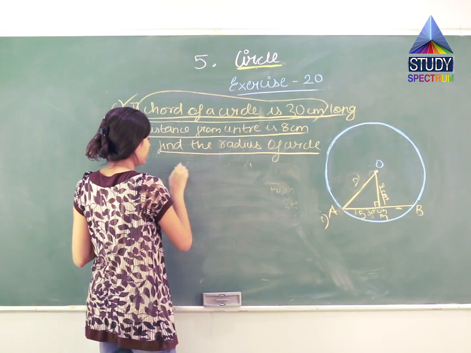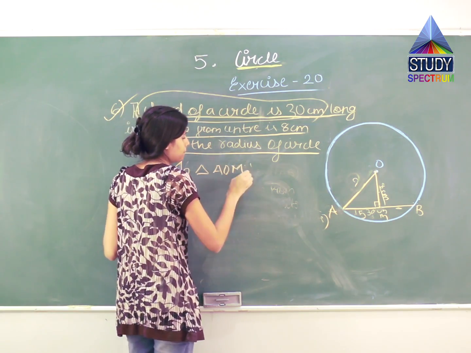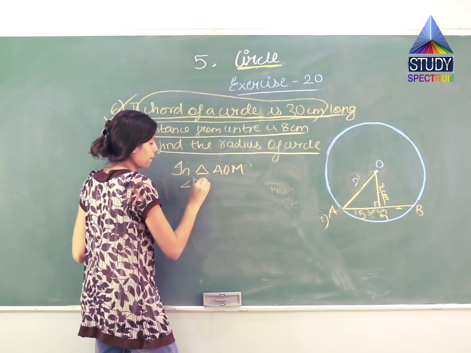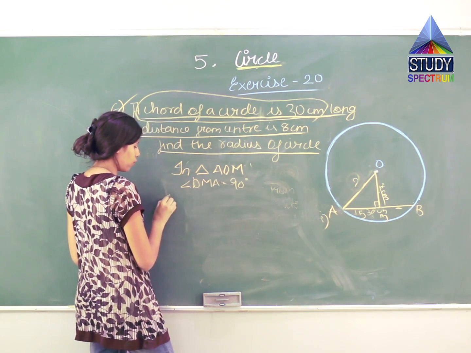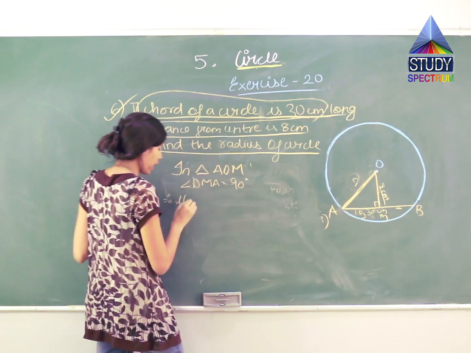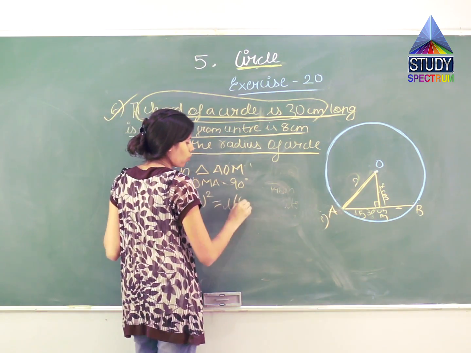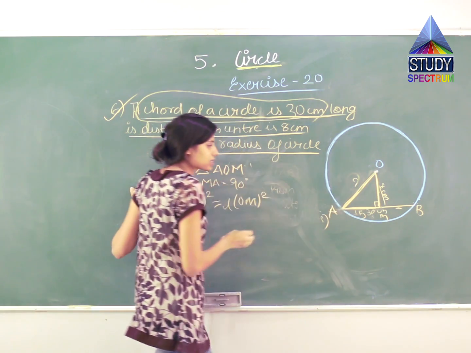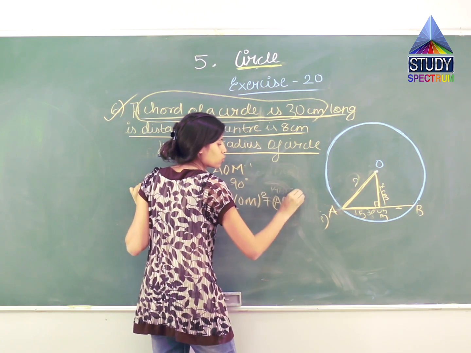Now we will write, in triangle AOM, angle OMA is equal to 90 degree. Therefore, the length of the hypotenuse, OA square, is equal to OM square plus AM square.